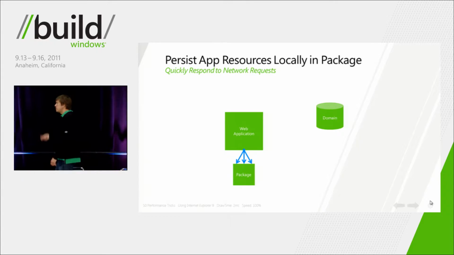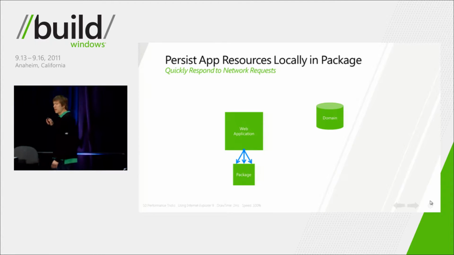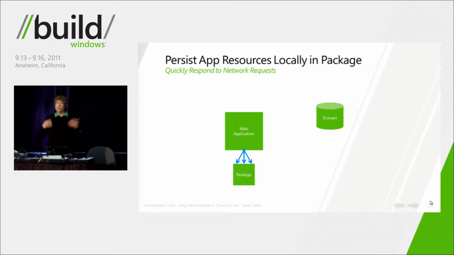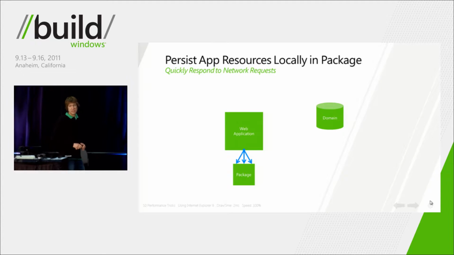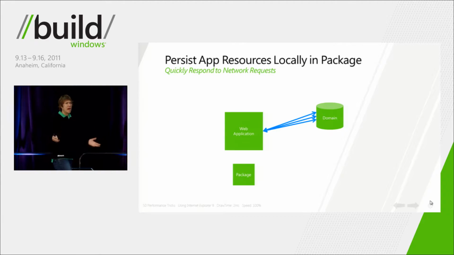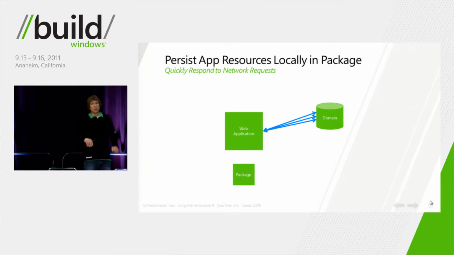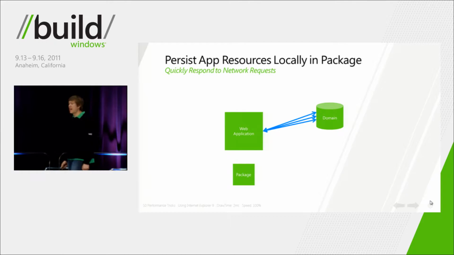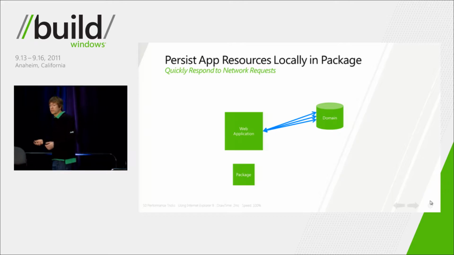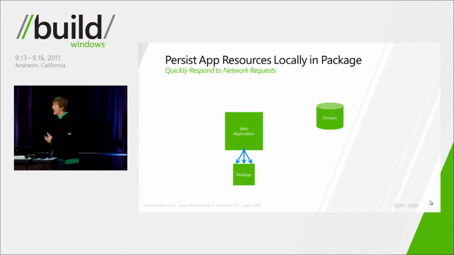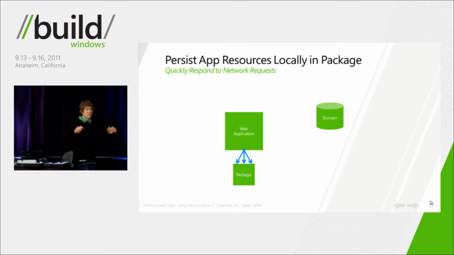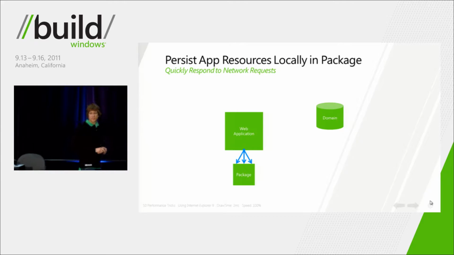It just pulls those resources locally from the package, and so they're immediately available to the web application itself. Now, you can choose to architect your applications in different ways. You could architect your application really just as an iframe or a small wrapper around a web-based application that you might have. But that's probably not going to provide the performance that your customers are going to need. So really think about how you can architect that application and that initial experience based purely on local resources.